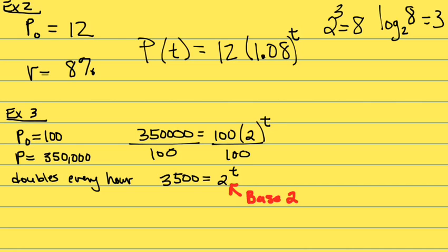So let me go ahead and finish out this part. I'm going to take the log base 2 of both sides: log base 2 of 3,500 equals log base 2 of 2 to the t.